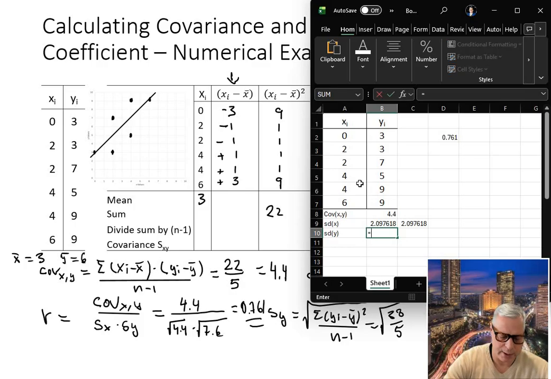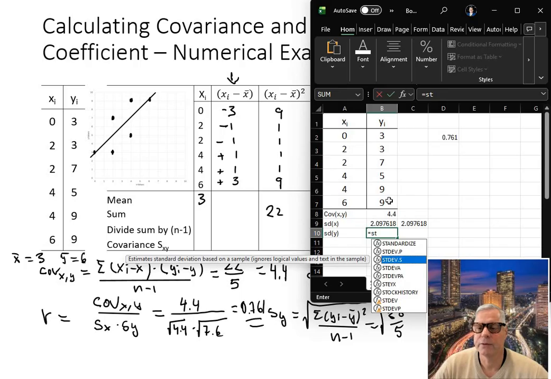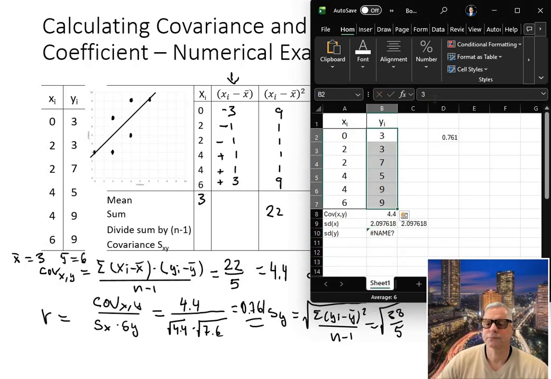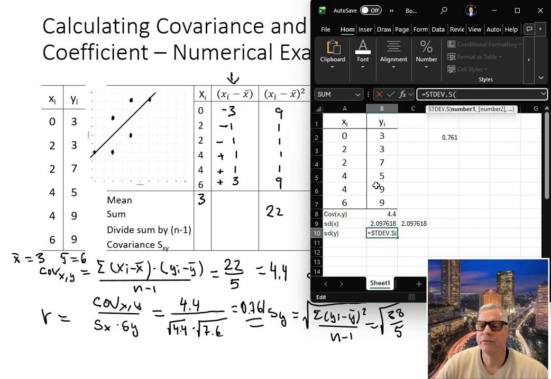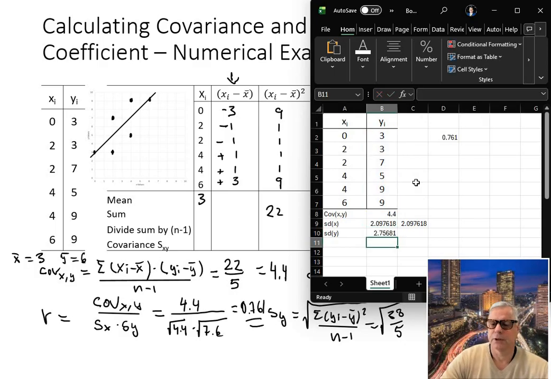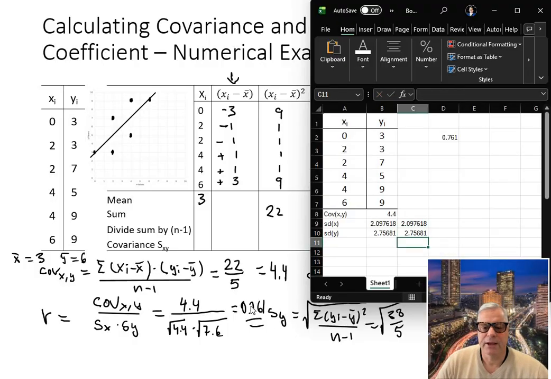Now the same for y, standard deviation s of y, so that is 2.75, and we said that should be the square root of 7.6, equals square root of 7.6. So those are the correct numbers. And we said the correlation coefficient is 0.761.